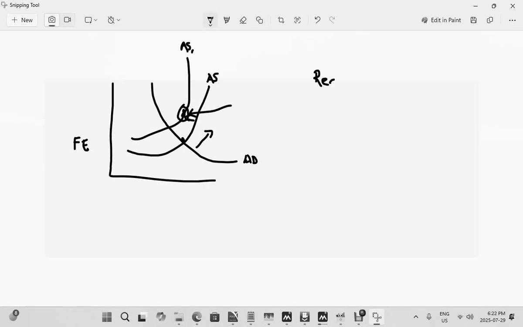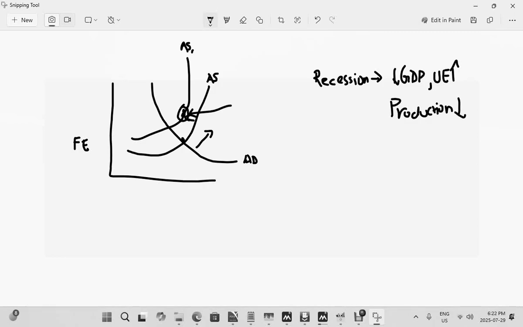When you have a recession, the GDP goes down, and as GDP goes down and unemployment goes up, production goes down.